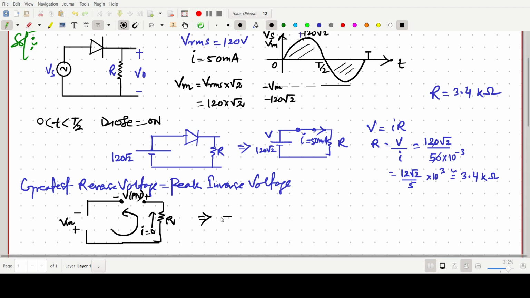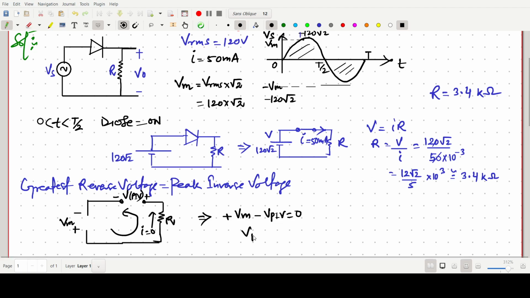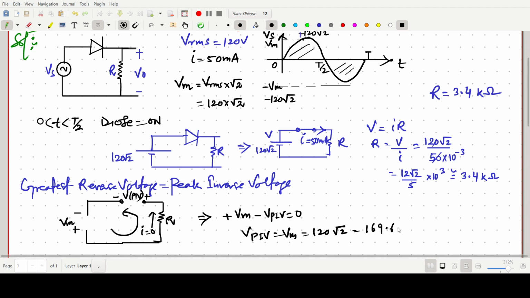This can be simply obtained by applying plus Vm minus VPIV equals 0. So VPIV equals Vm. Vm is equal to 120 root 2, so it should be around 169.68 volt. This is the peak inverse voltage or maximum reverse voltage that a diode can be tested.